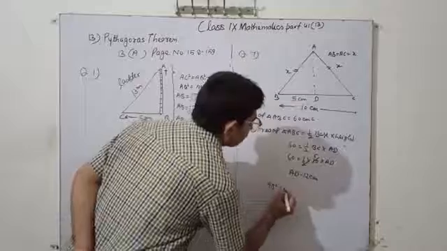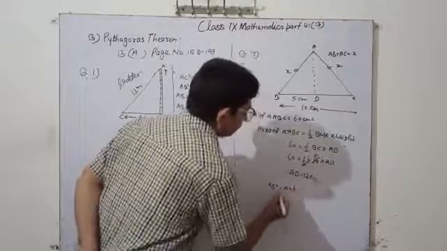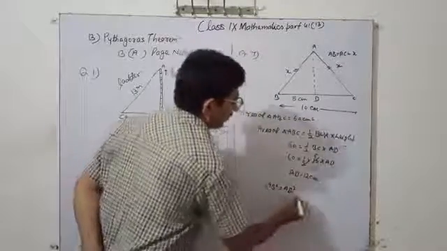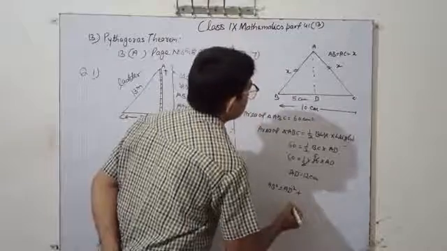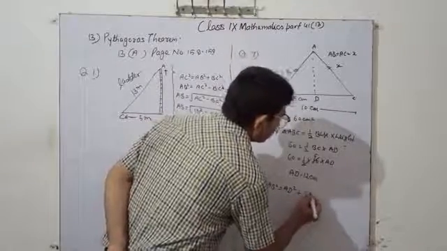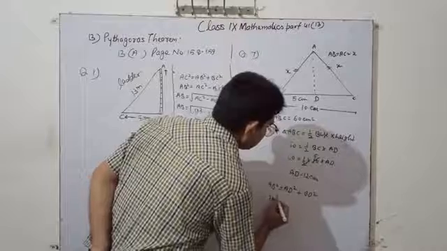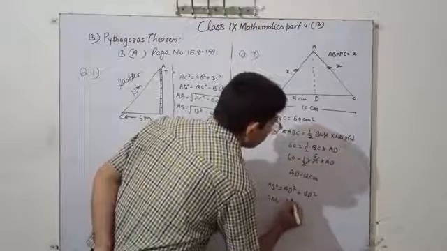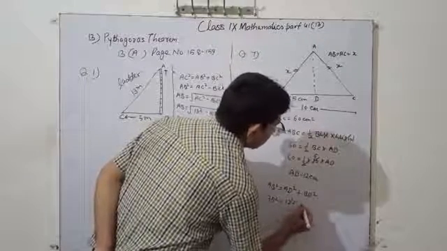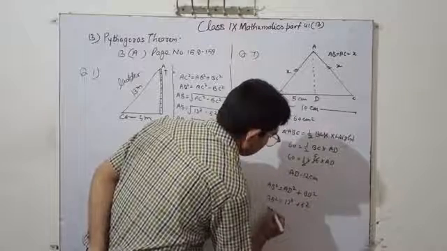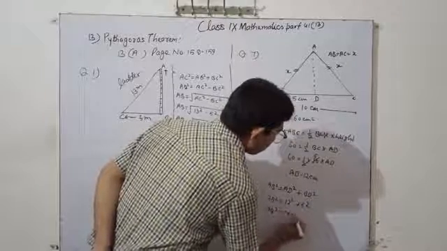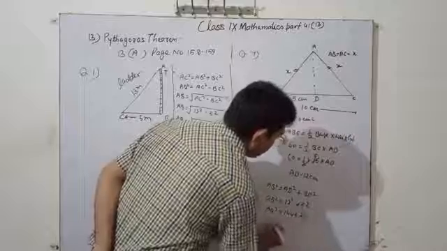AB square equal to, using Pythagoras theorem, AD square plus BD square. AB square equal to 12 square plus 5 square. AB square equal to 144 plus 25.